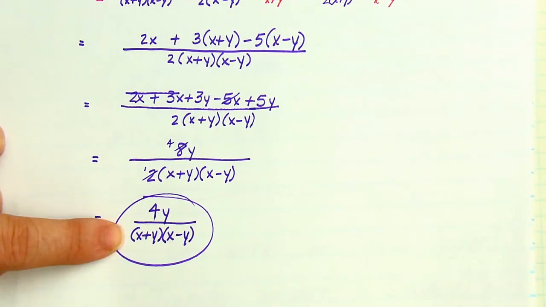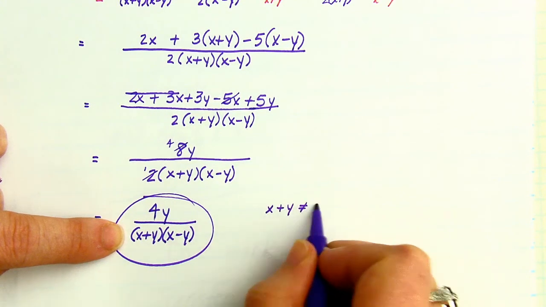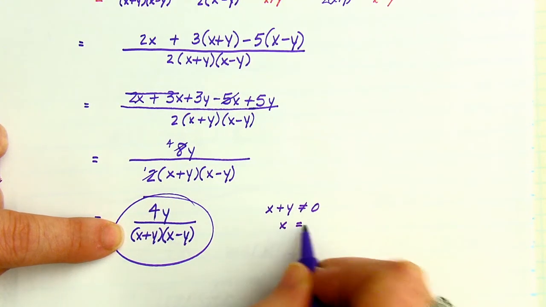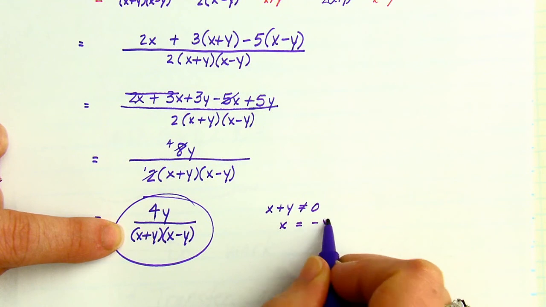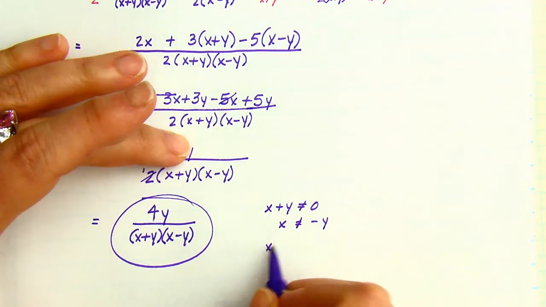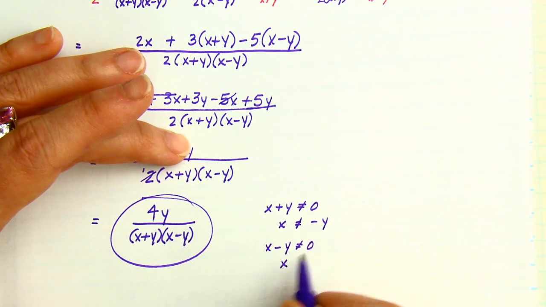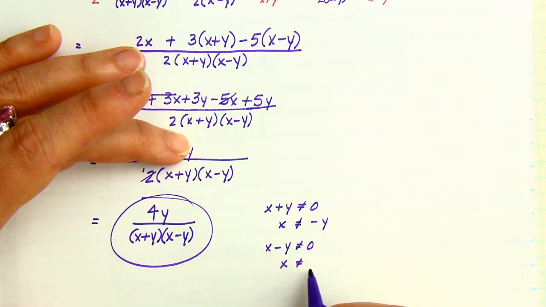Set it not equal to 0. X plus y cannot be 0, so x cannot equal negative y. And guess what? I'm going to set the other one. X minus y cannot equal 0. X cannot equal y.